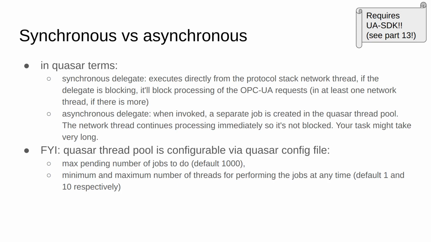On the contrary, we have an option called asynchronous, and when the delegate is invoked, it's invoked in the context of a separate job, running in the so-called Quasar thread pool, which has its own threads. The root of invocation is the client. The client sends a request, which would translate into a delegate, but it's actually a job which is created and added to the thread pool.